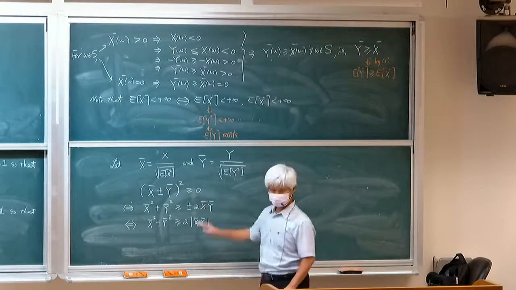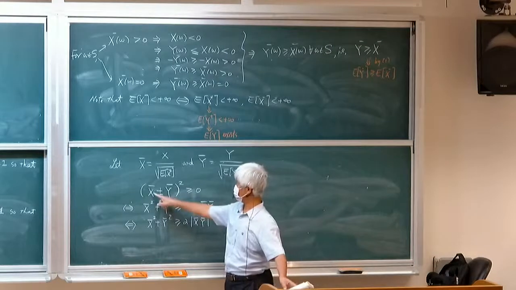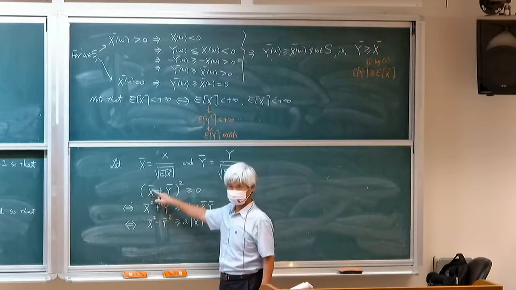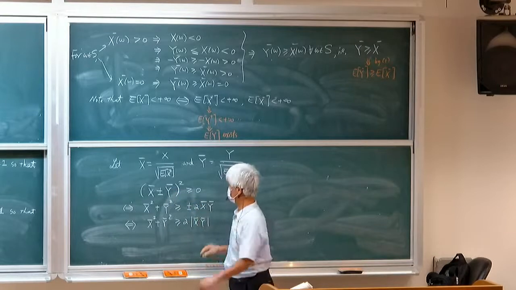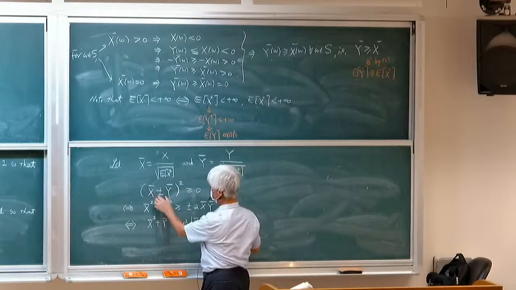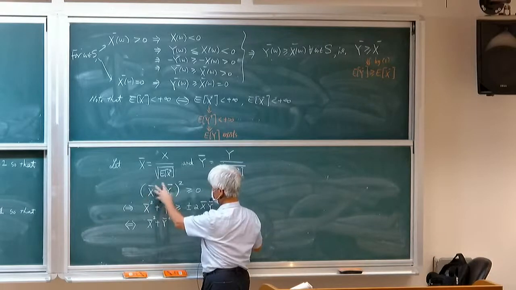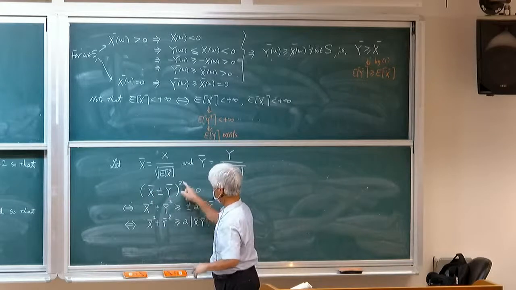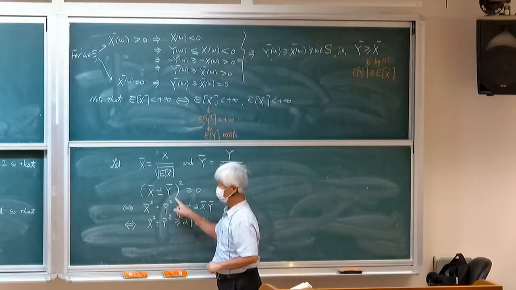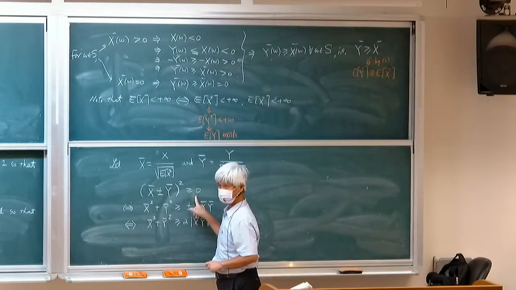If you have trouble with this argument, because we look at x bar, it is a function, and y bar is also a function of omega. So this is the sum or difference of these two functions. But anyway, the sum or difference of these two functions are also real valued. So when you take the square, the function will be non-negative valued.